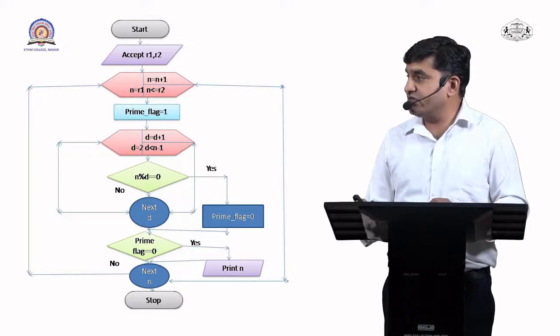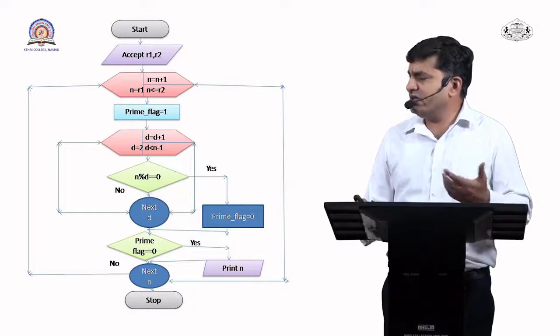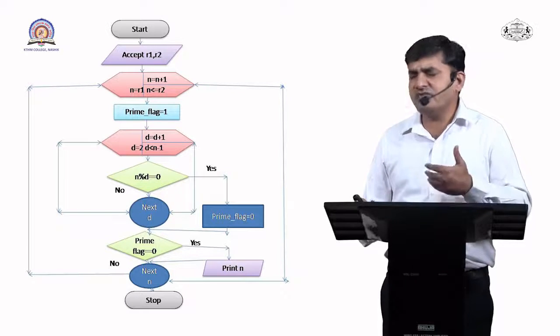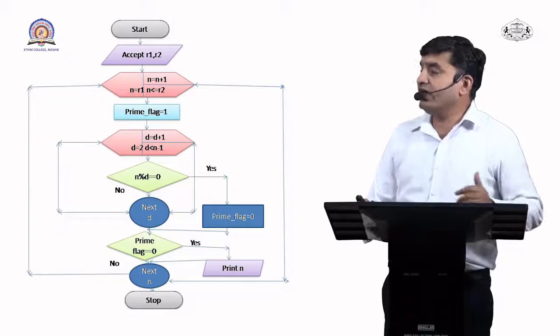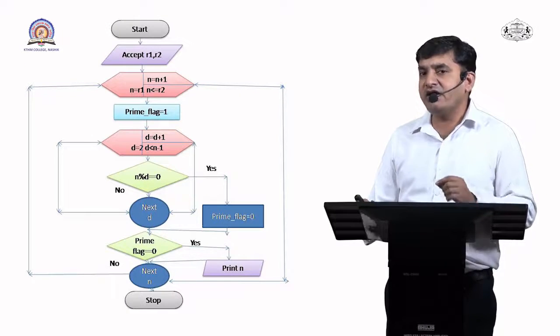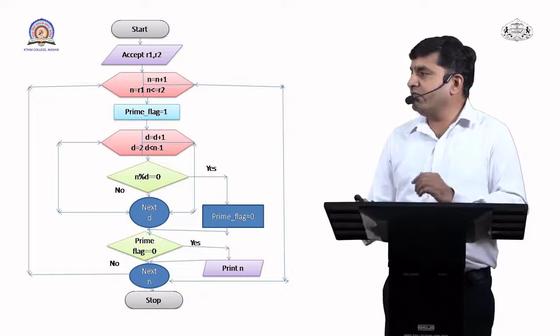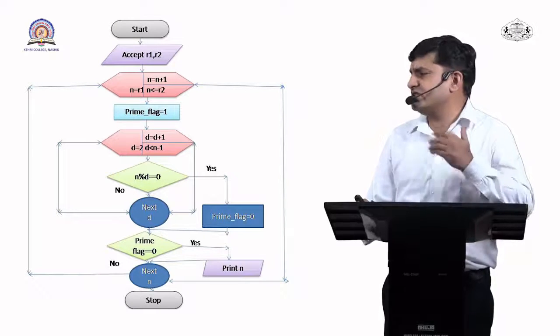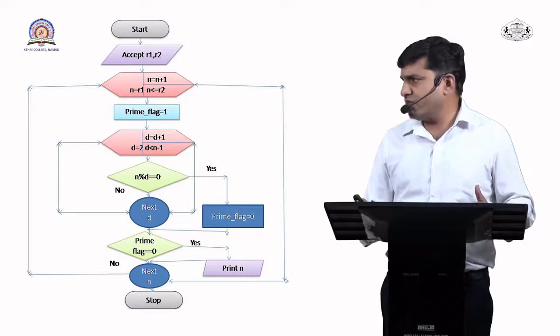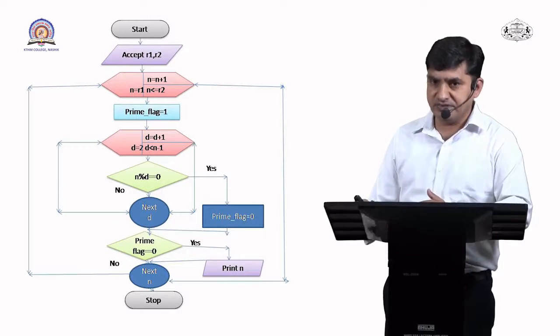That is d is equal to 2, and then again go to step number 5. Again n is divided by d and we check the remainder. Is the remainder 0? This process is carried out. Then stop. So this is the algorithm.